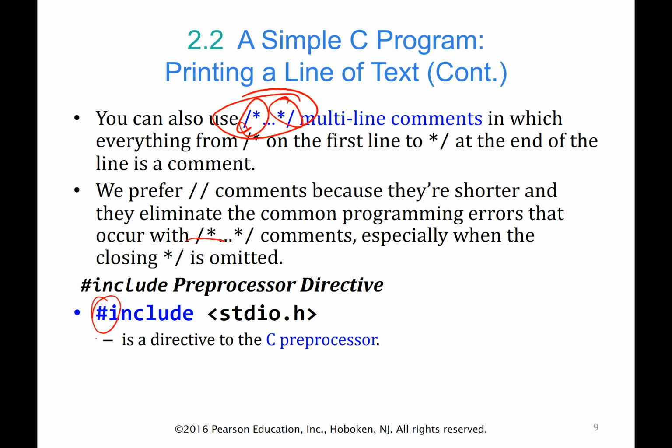Now, this class is an introductory class. We won't learn how to create our own libraries and how to link external libraries to our code. But a library is a file or multiple files that contain all the information, all the actual functions that are called by C. So in the library, you'll find a function that calculates the cosine of a number.